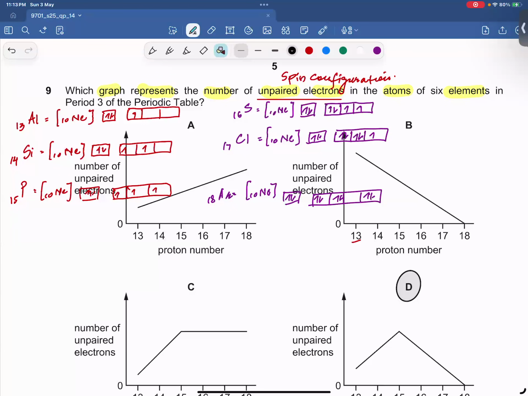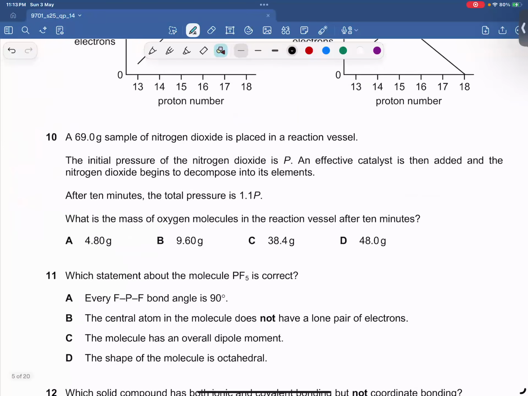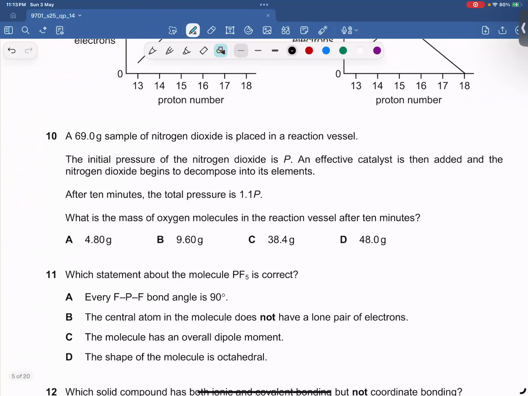Okay. Okay, next. "69 grams sample of nitrogen dioxide is placed in a reaction vessel," which means I can get the moles of nitrogen dioxide.